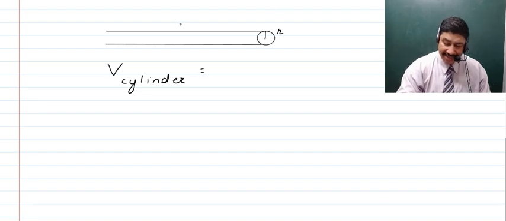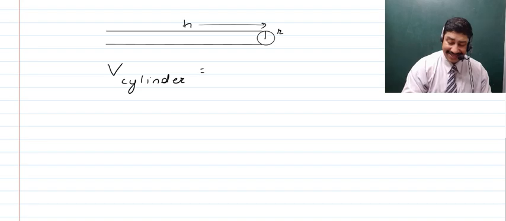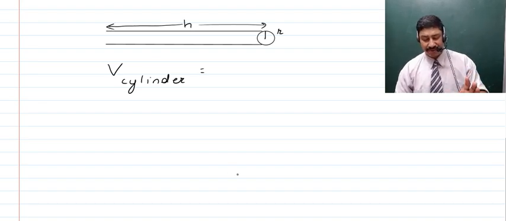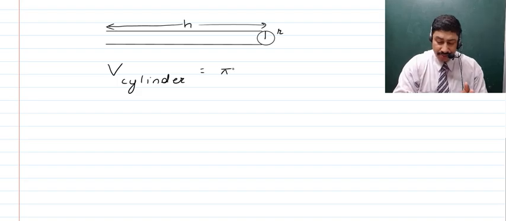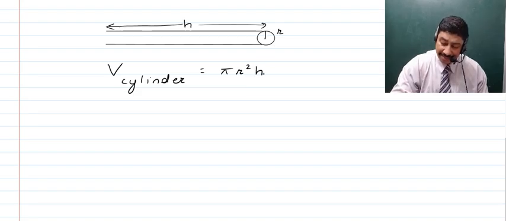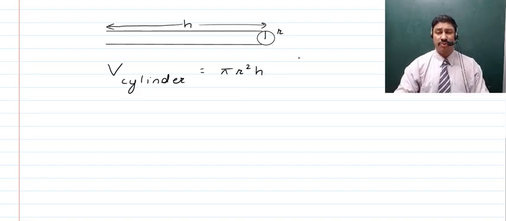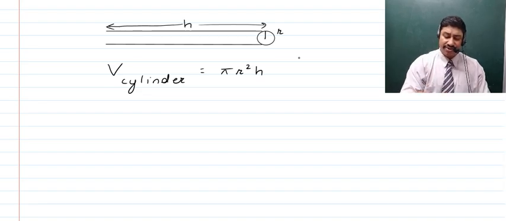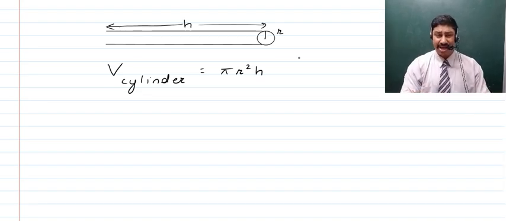For example, let us consider that here we have the length of this cylindrical container up to h, right? So pi r square is the area of one of the ends, and as it continues up to h height, so it being multiplied by h will give you the volume of the cylinder, which is pi r square h, right? So here children, we have a pipe, we have a cuboid.